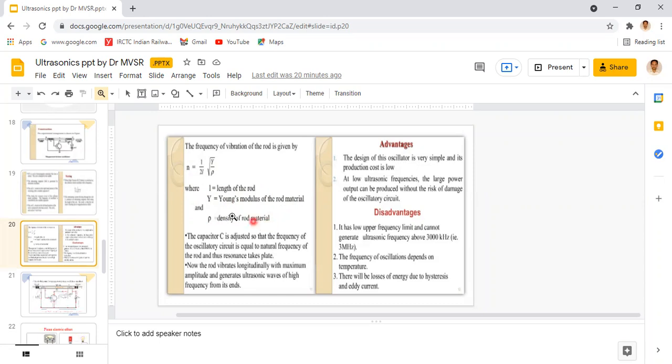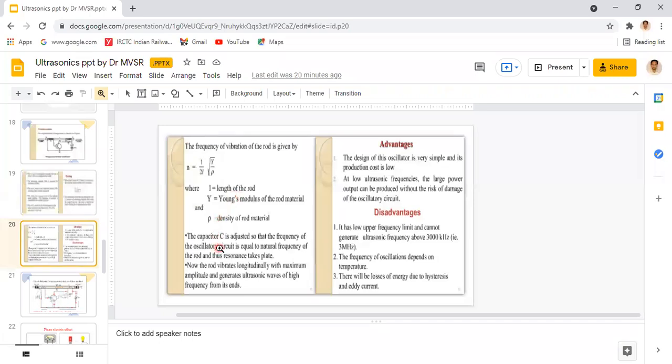The frequency of the oscillator circuit, f is equal to 1 by 2 pi square root of L1C, is equal to the frequency of the vibrating rod, that is n is equal to 1 by 2L into square root of Y by rho. Then, because of the resonance phenomenon, the end faces of the rod will produce ultrasonic waves.